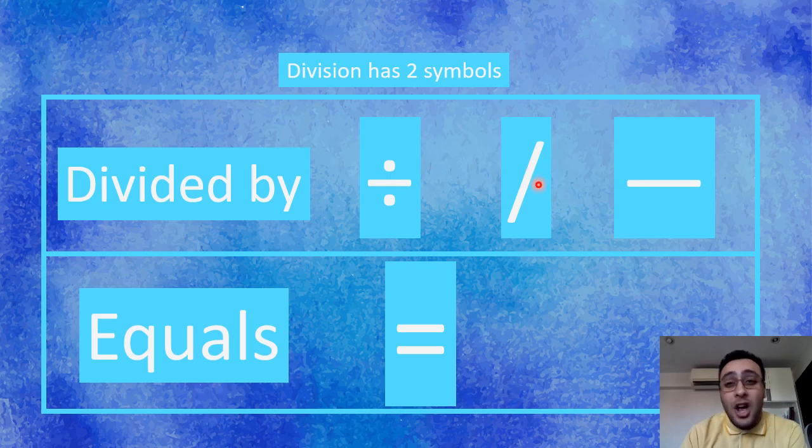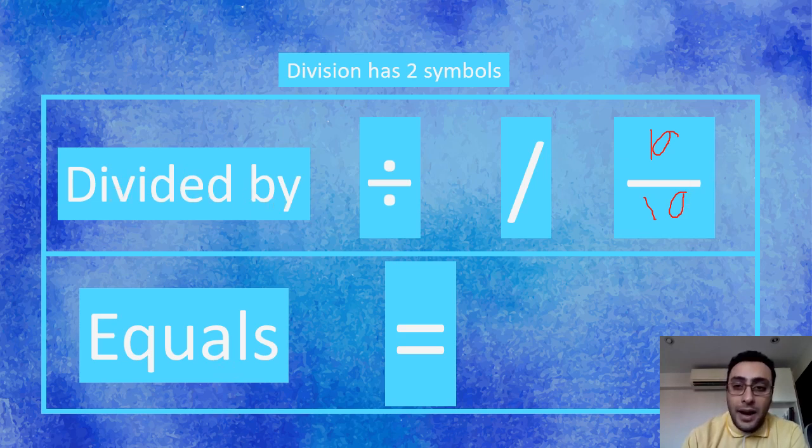When you see this, also divided by. When you see this, and there is a number on the top, for example, 10, and then here, 10 also, this is also division, okay? The whole topic here is about division.